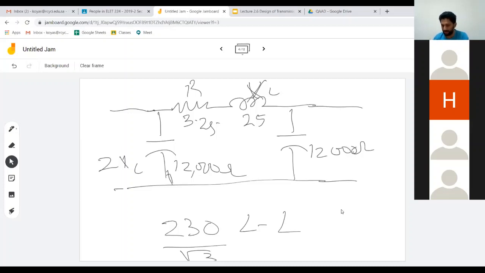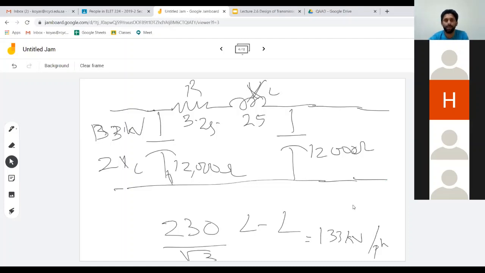So it will be equal to 133 kilovolt per phase voltage. So here you have to write 133 kilovolt, and here how much it will be?